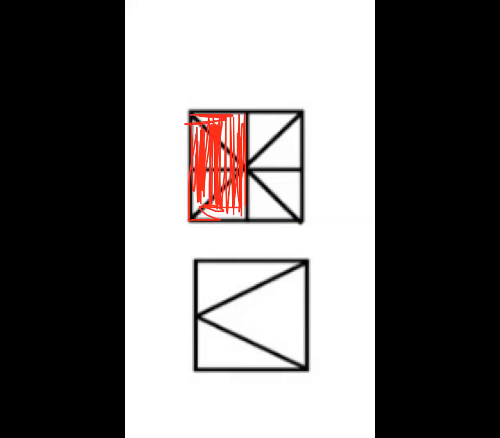Then here also I have 3 parts, but I can divide this like 1/2. So same like this, I can shade this. Then I'll get this is half.